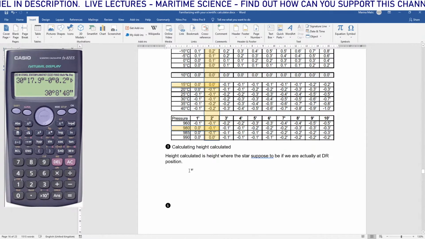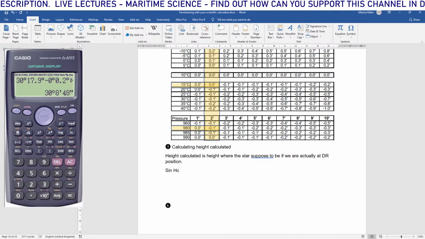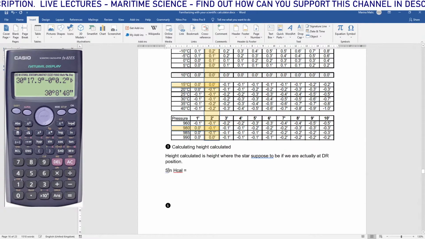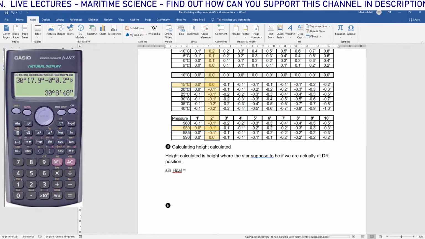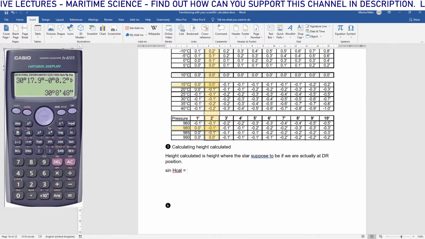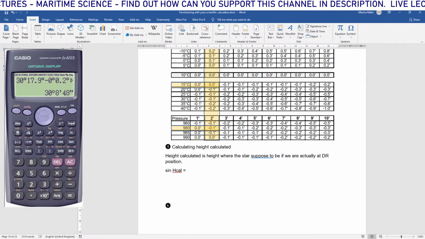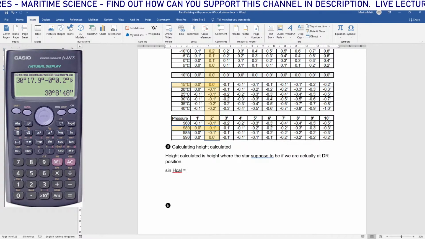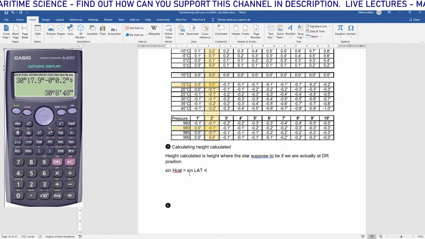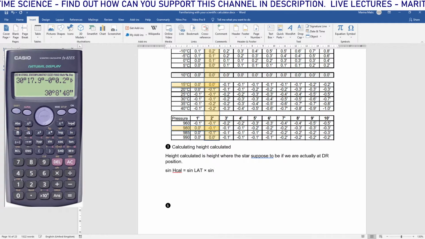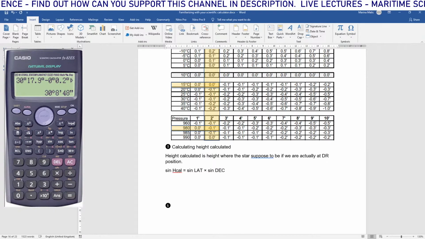Now we are entering the trigonometry function, and sin is small. So we have a celestial triangle that has 3 sides. One side is declination, one side is latitude, and one side is height. Because we are looking for height, the leftover sides are latitude and declination, and between the sines and cosine you always have plus.